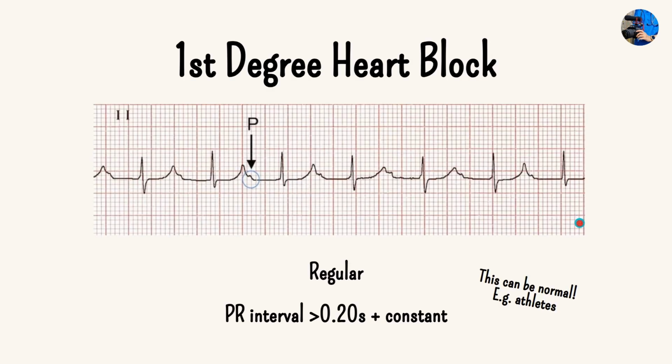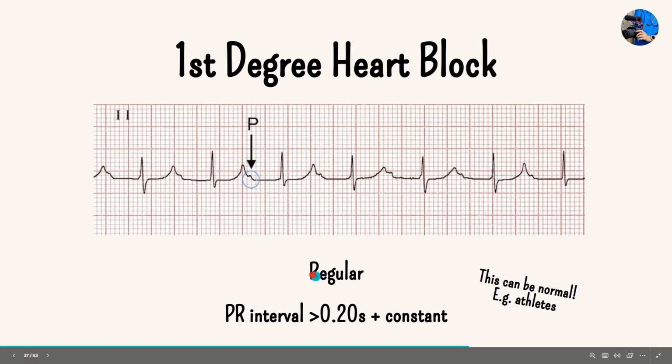Let's talk a bit about heart block then. So we've spoken a bit about these fast rhythms, but your heart block, now you have different types of heart block, mainly 3 types. So first degree heart block is also known as an atrioventricular nodal block. And the reason for that is because what happens is your PR interval.